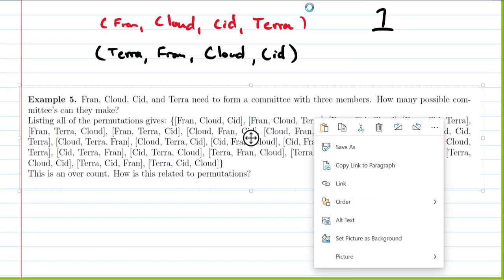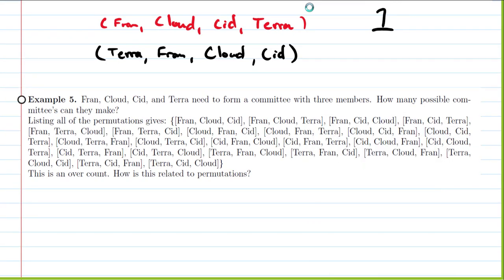Fran, Cloud, Sid, and Tara need to form a committee with 3 members. How many possible committees can they make? So this one's different. Now we have 4 people to choose from, and we need a committee with 3 people. So we listed all of the permutations of 3 people.